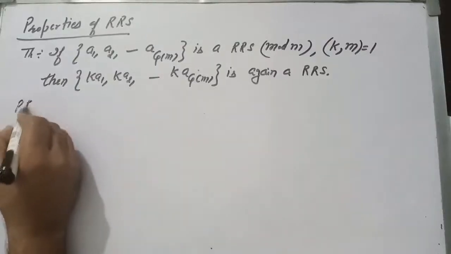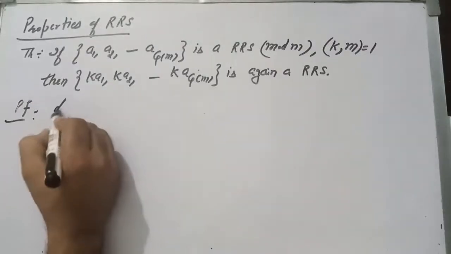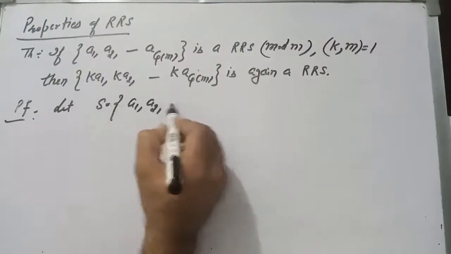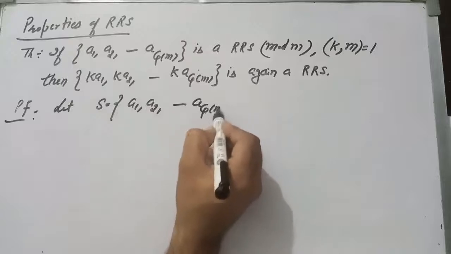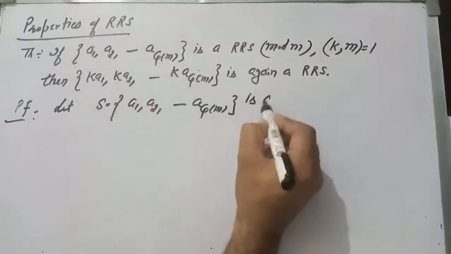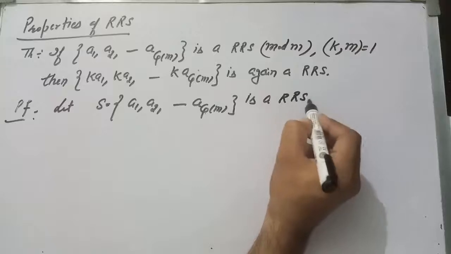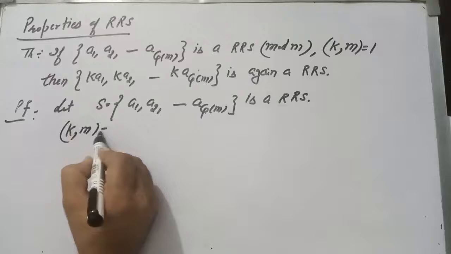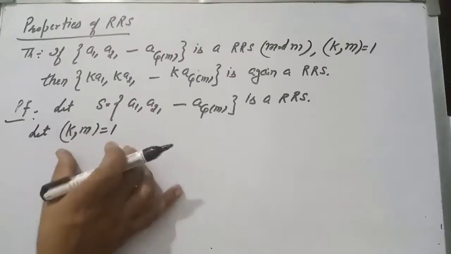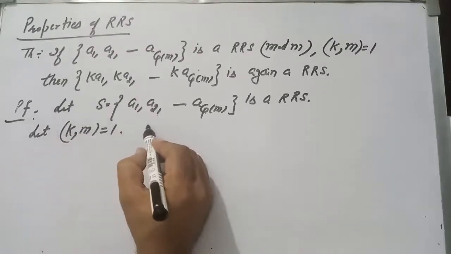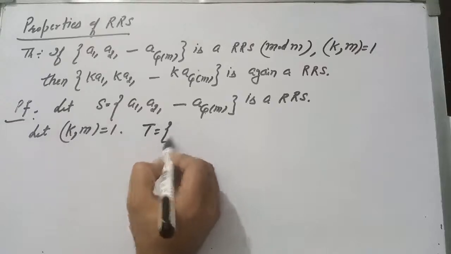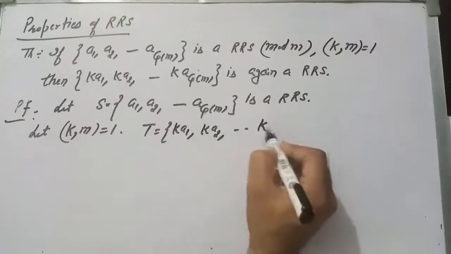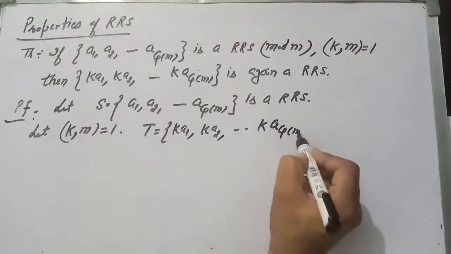So let's see the proof. What we are given is that A1, A2, up to A phi m is a reduced residue system. Now choose an integer k which is co-prime to m. Now construct the set T: KA1, KA2, up to KA phi m.